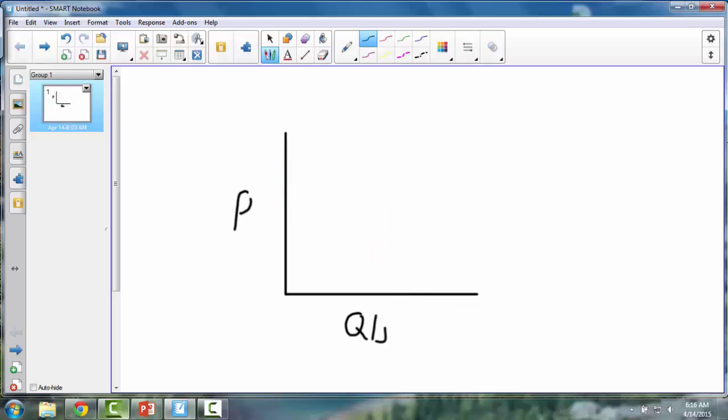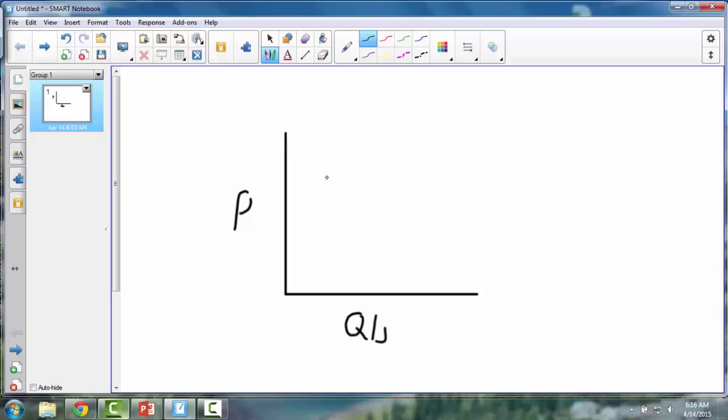The way you graph differences in elastic or inelastic demand is by adjusting the steepness of the slope of the demand curve. I'm going to say that again. The way you show the difference between elastic and inelastic demand is by adjusting the steepness of the slope of the demand curve. The demand curve, as you all know, is downward sloping.